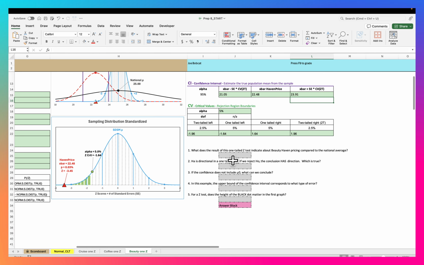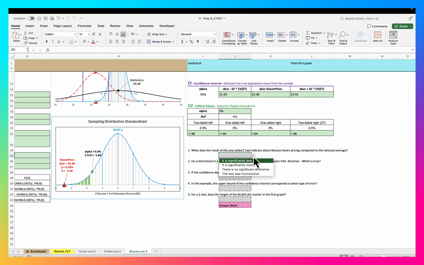And let's look over here. What does the result of this one-tailed z-test indicate about Beauty Haven pricing compared to the national average? Well, we're less. So that's great. HA is directional in a one-tailed test. If we reject H0, the conclusion has direction, right?